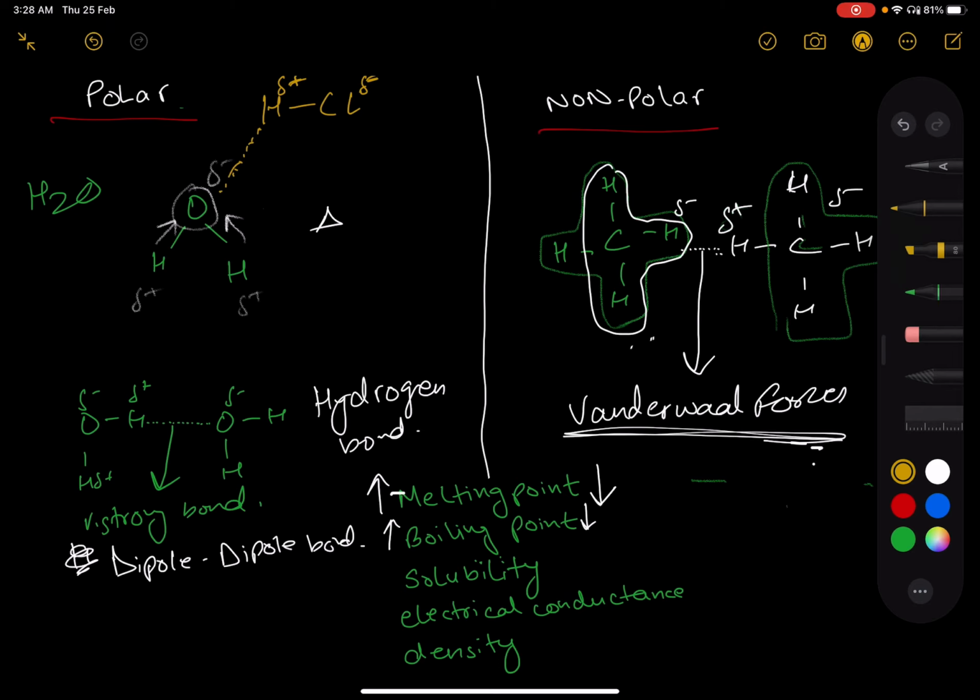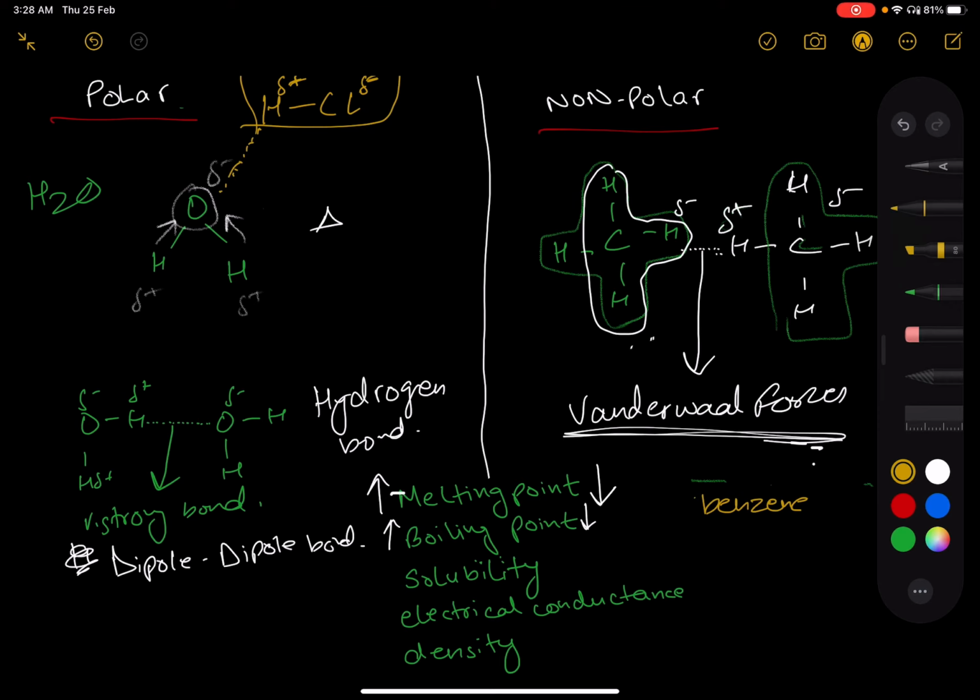Let's take benzene, for example. The structure of benzene is not important right now, but let's just say benzene is a non-polar solvent. Hydrogen chloride will not dissolve in benzene. Why? Because benzene doesn't have attractive sites for hydrogen chloride.